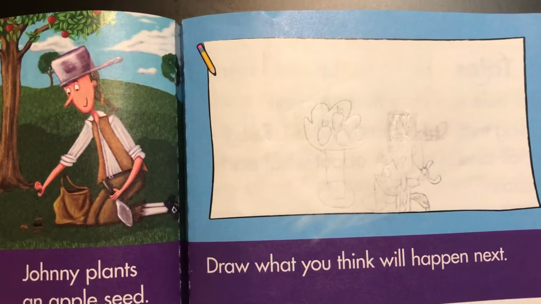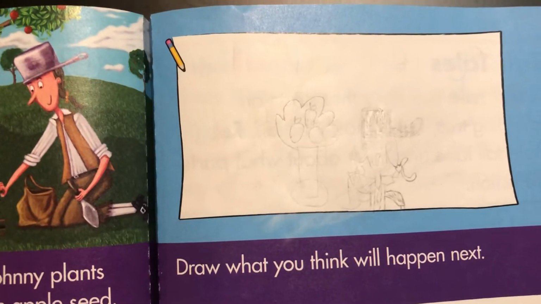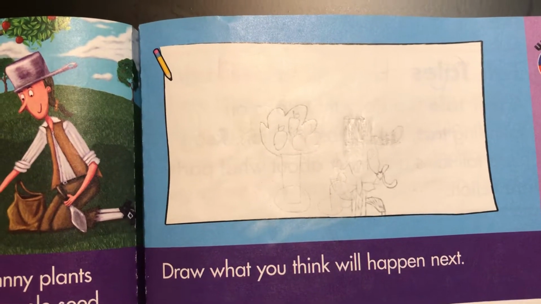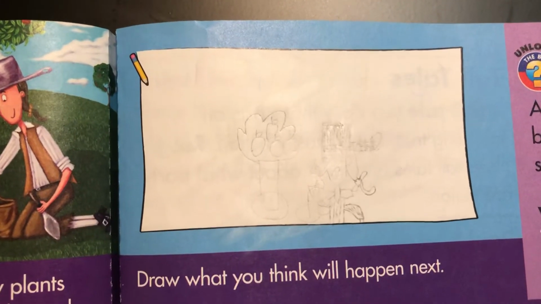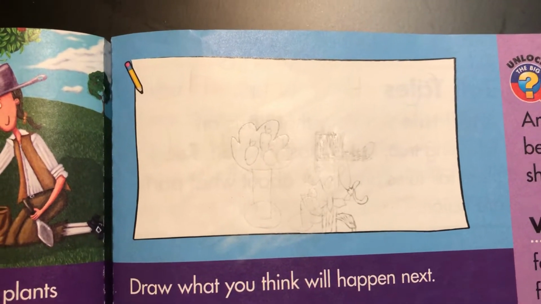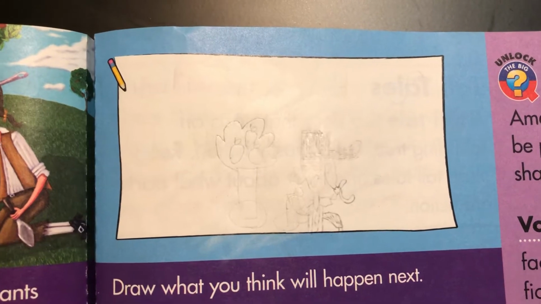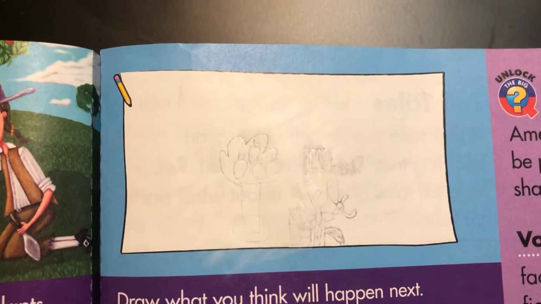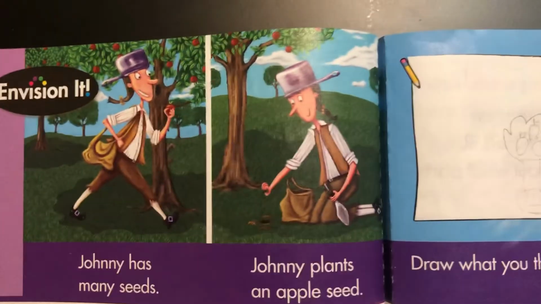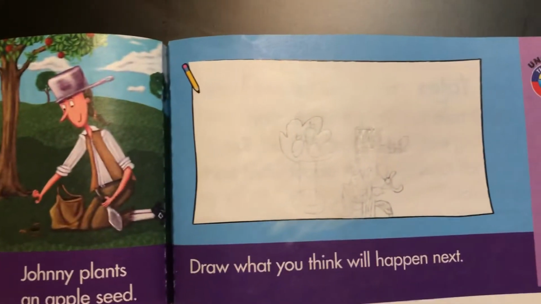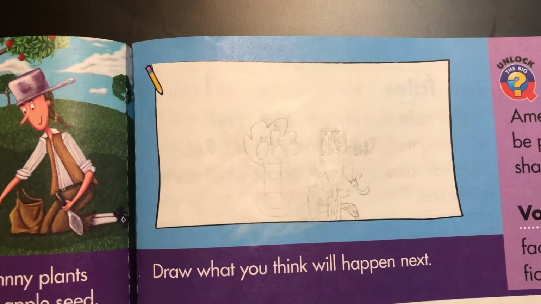So that's sequencing, but it's also cause and effect, because they are showing you the cause and you have to show the effect of that. And you could also say it's making conclusions based on evidence, or inferences, making an inference. A few skills there. And you're going to illustrate what you think will happen next.